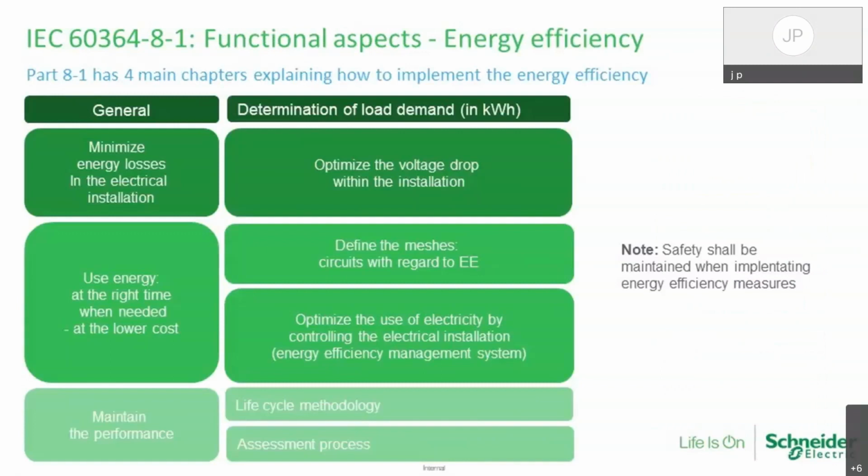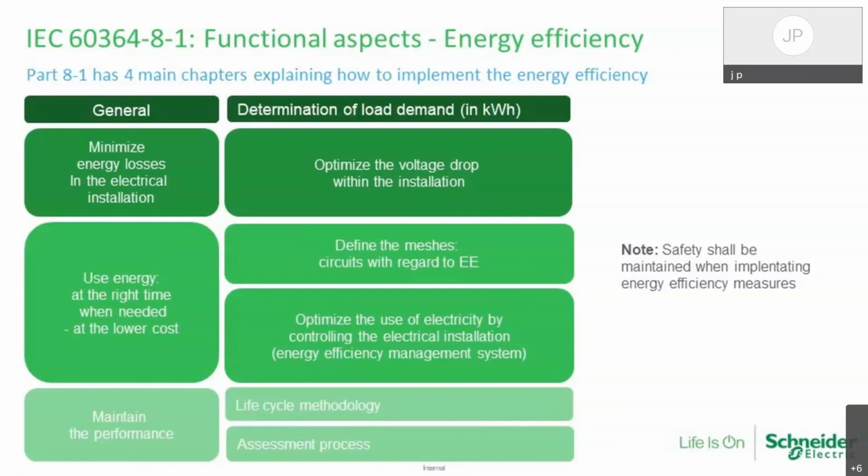For energy efficiency, you have to consider the load demand. That means if you have a big load, but you never use it, you don't consider it for energy efficiency. On the opposite, if you have even a small load, but you are going to use it a lot, then you have to consider it for energy efficiency. So this is why determination of load demand is very important.